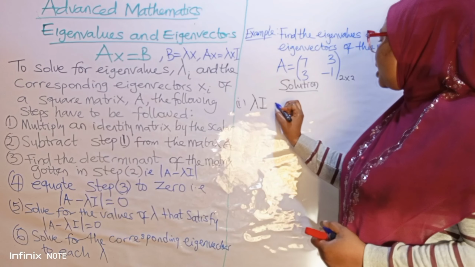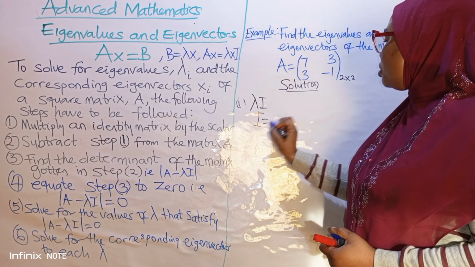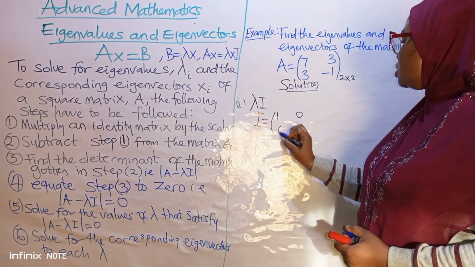So here, my identity matrix I will be [1, 0; 0, 1].